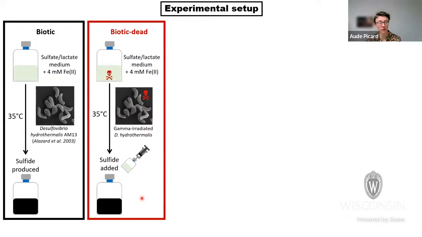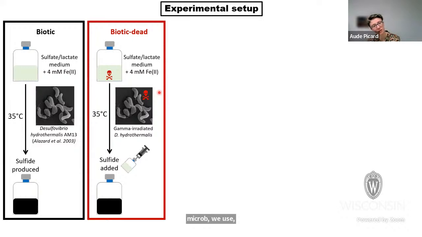Then we have the control condition where we do have the exact same conditions, but instead of using live microbes, we use cells that have been previously gamma irradiated.